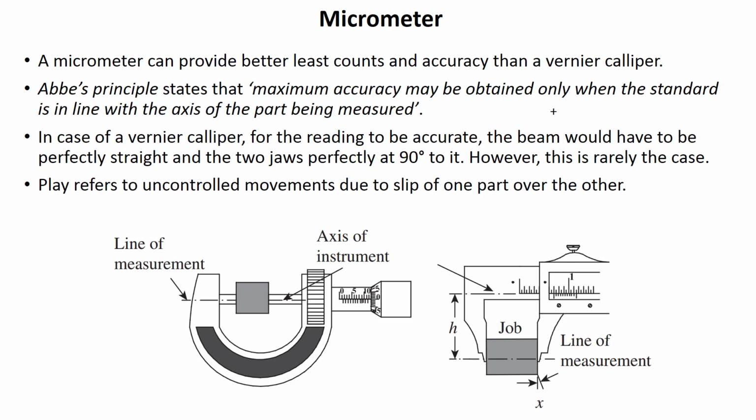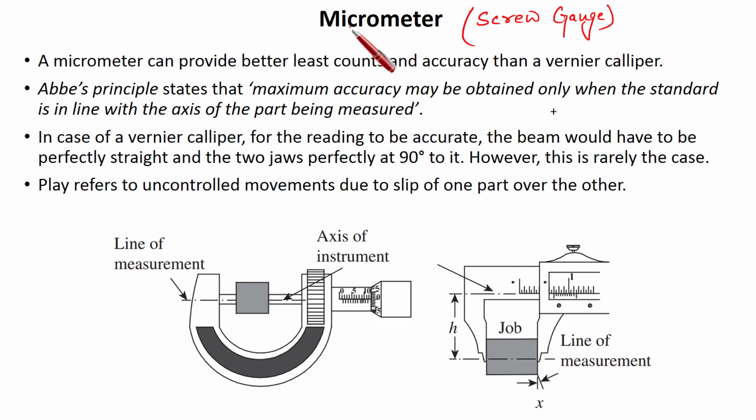Okay, now we will be talking about micrometers. Micrometer is also known as a screw gauge. So please remember it: in the examination, if a screw gauge is named, please consider it as a micrometer. You know what a micrometer is.